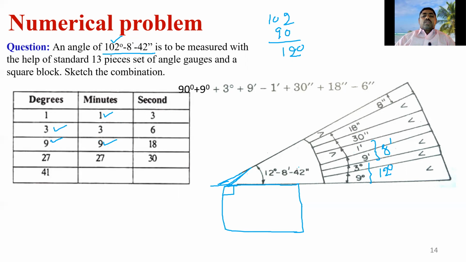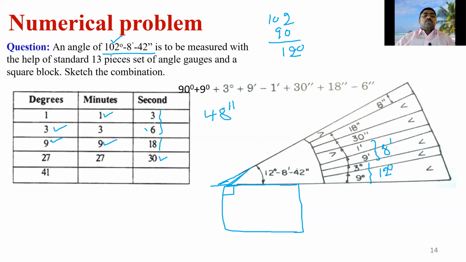And 42 seconds are required. There is no 42 second slip gauge. So for that what do we have to do? We have to use 30, and even if you use these two angle gauges, we can't get 42. So 30 plus 18, 48 seconds you will get. We need only 42.